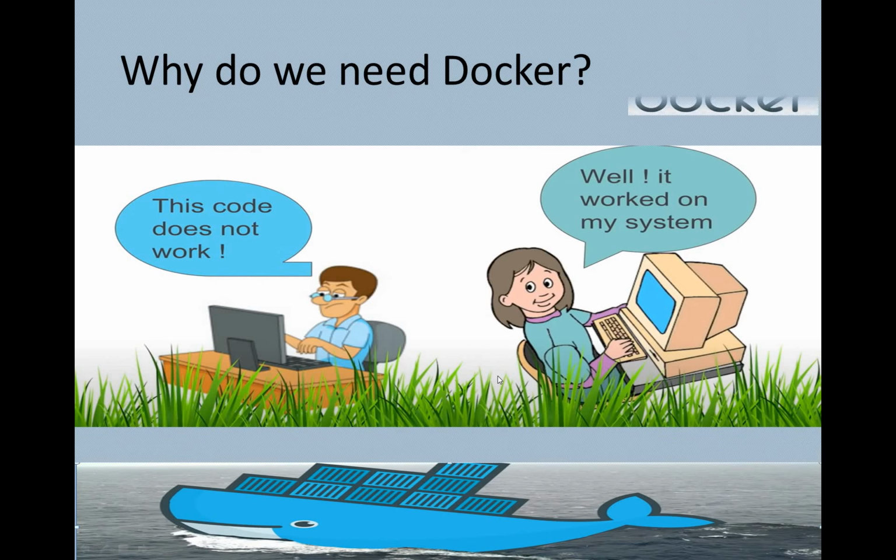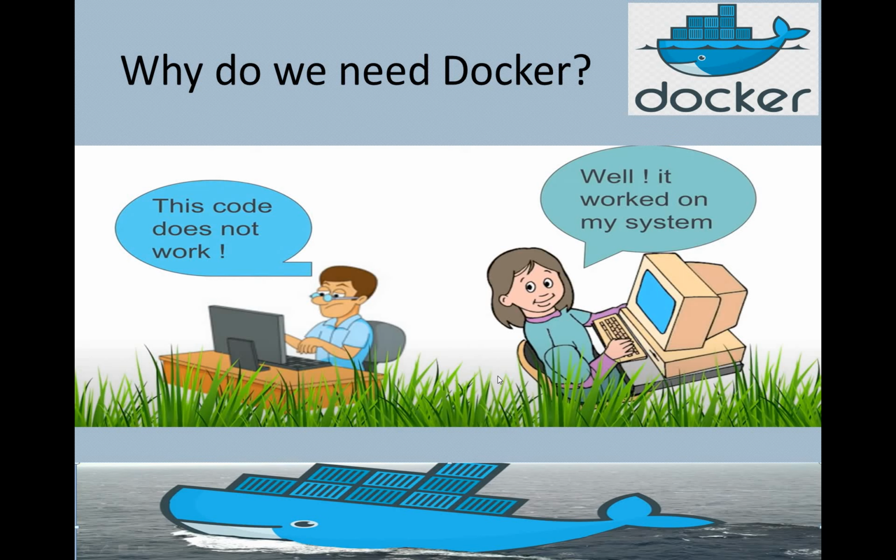First one is why do we need Docker? So here when we do the development of any application, what we notice is that it works on the developer machine perfectly, and when we install it from one machine to another machine, then it starts breaking or it doesn't work. So there are 3 points here.